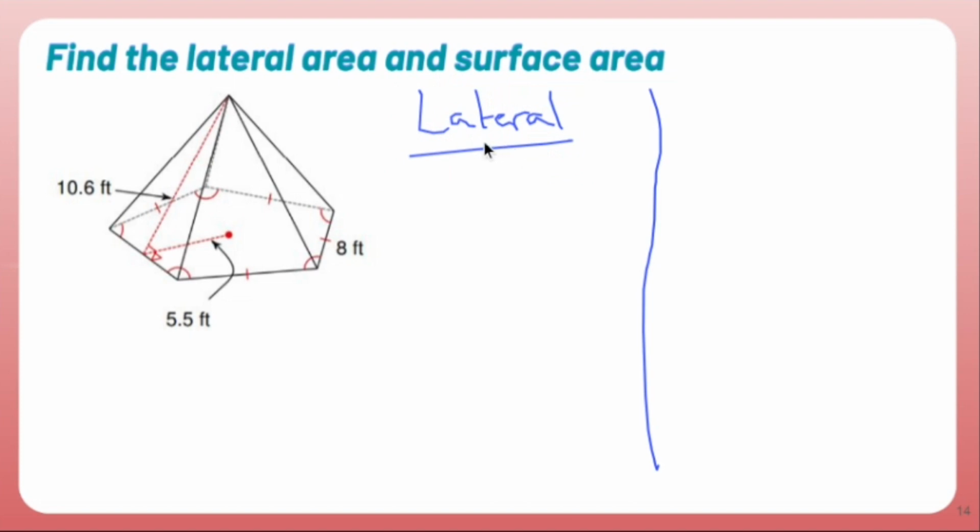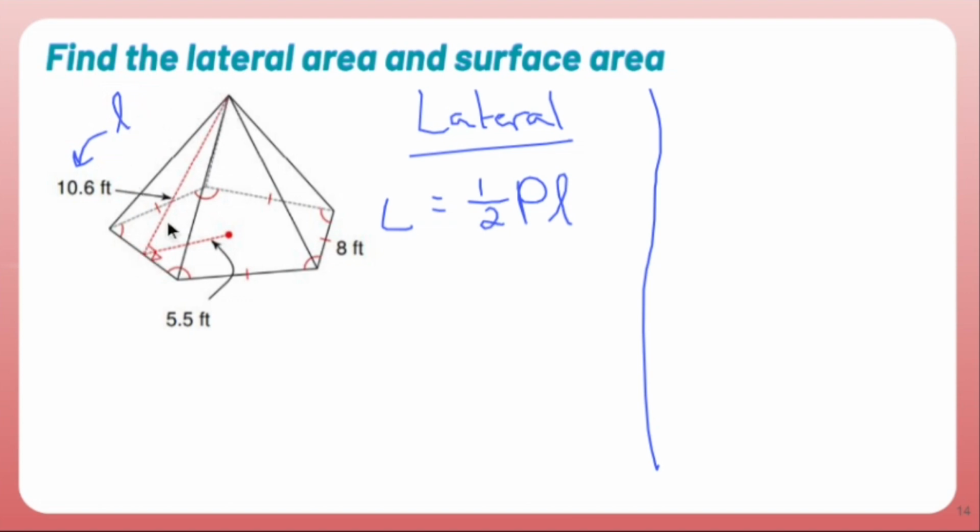The lateral area of a pyramid is found by doing, and I'll put L for lateral area, 1/2 of the perimeter of the base times what is called the slant height. That pretty looking L represents the slant height. The slant height is the height of one of the sides if I were to cut this up and stand one of these triangles tall.